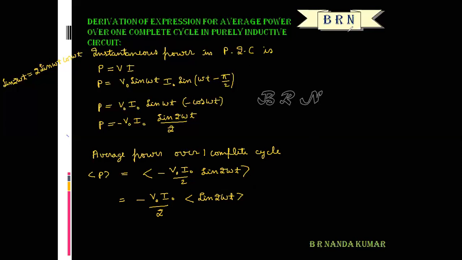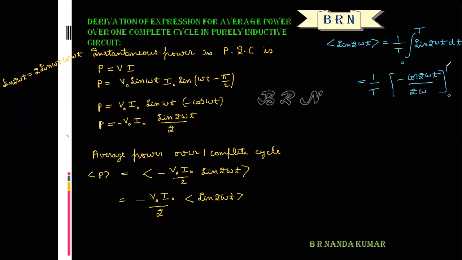Okay, so average of a function, average of sine 2 omega t, that is 1 by T integration from 0 to T of sine 2 omega t dt. So 1 by T integration of sine 2 omega t dt, that is minus cos 2 omega t divided by 2 omega.